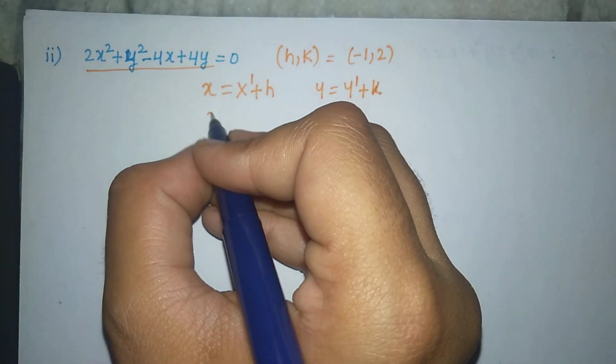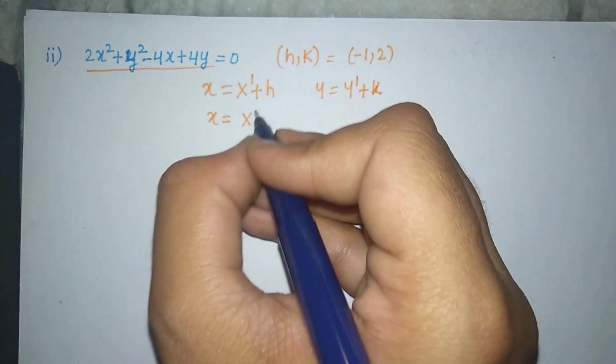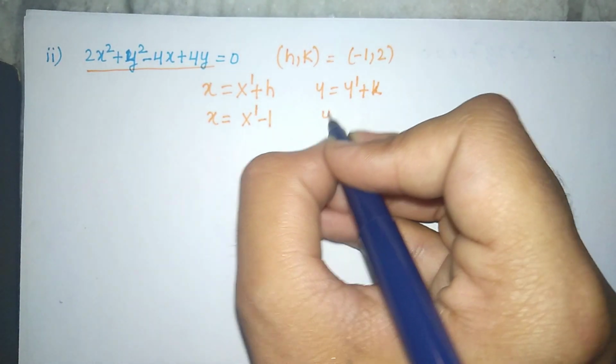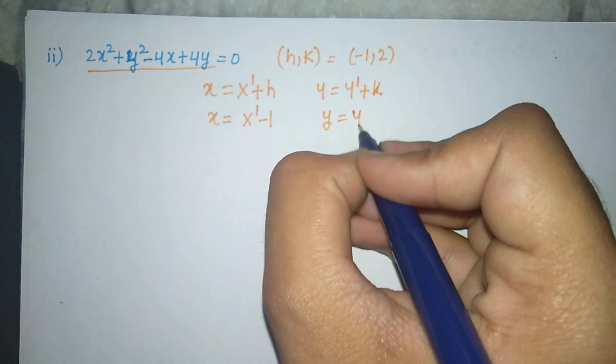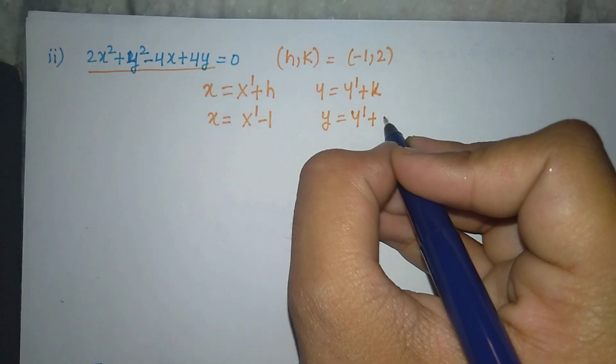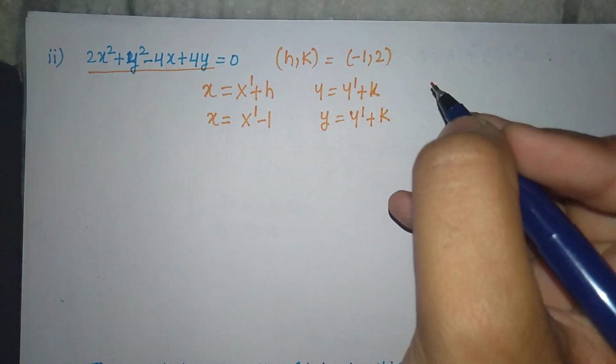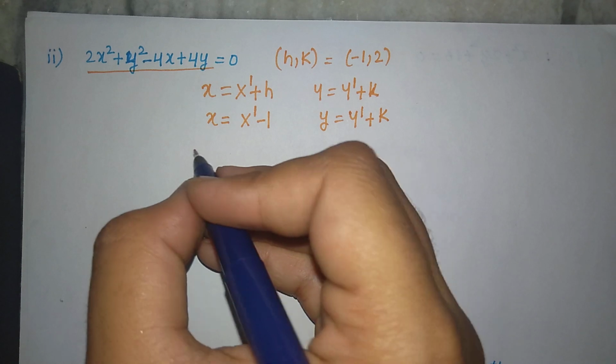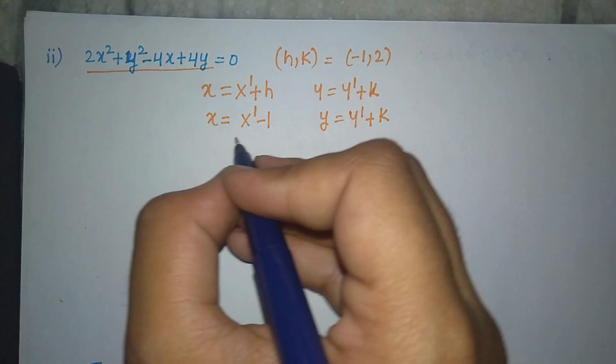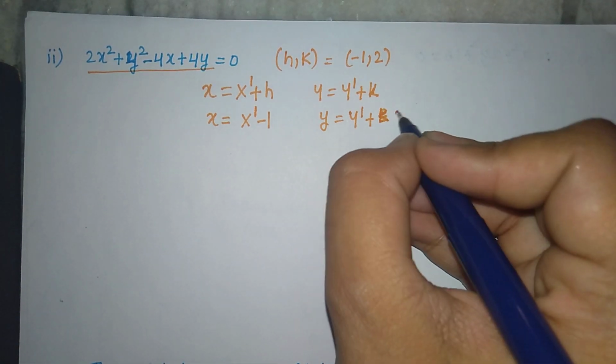So what is small x? Small x is capital X dash minus 1. What is small y? Capital Y dash plus k. Okay, k is nothing but 2.